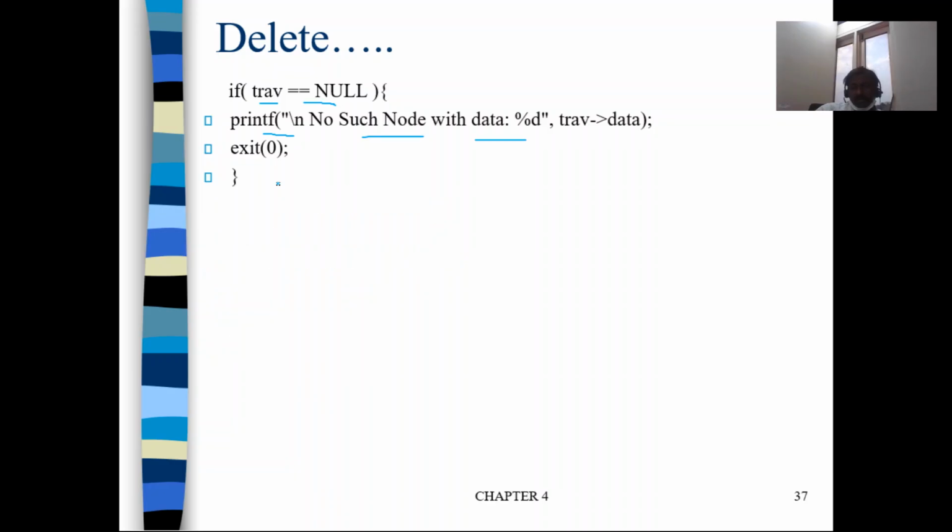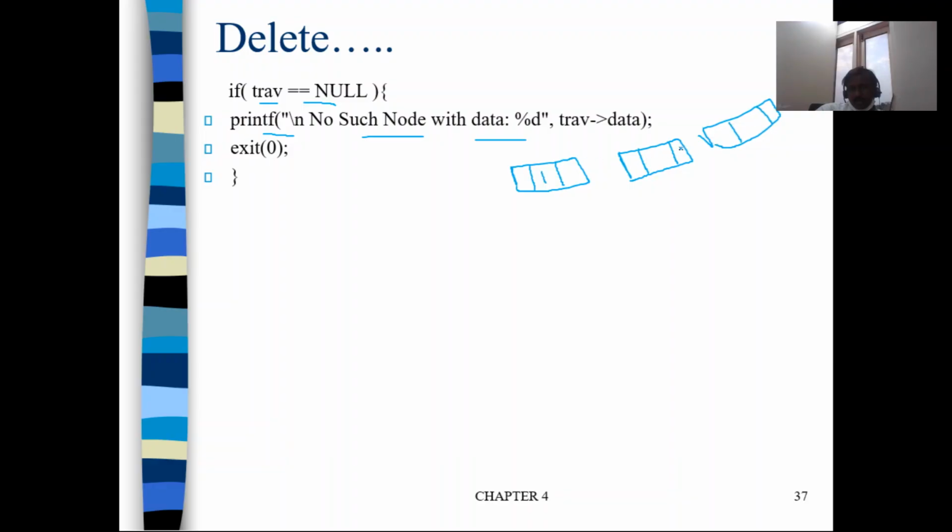So how will we delete? Let us try to understand. Let us assume again a simple case with 3 nodes, because we have already discussed the case of deleting the first node. Let us assume the node we want to delete is node 2.